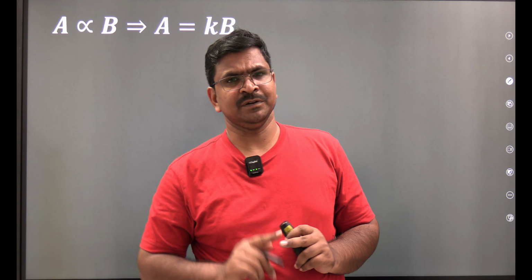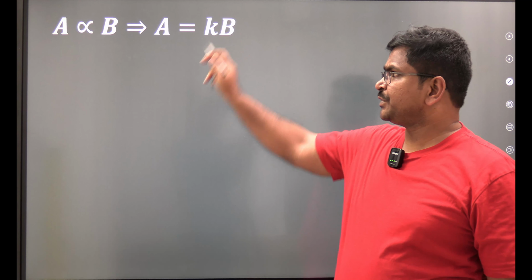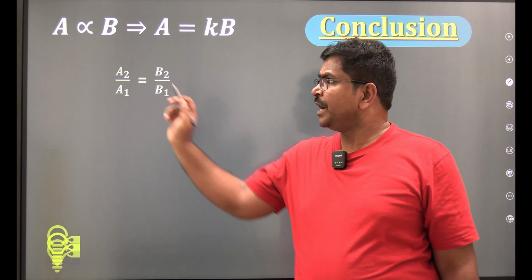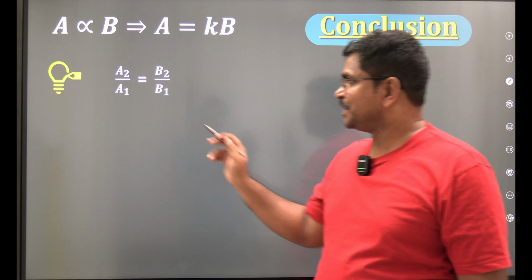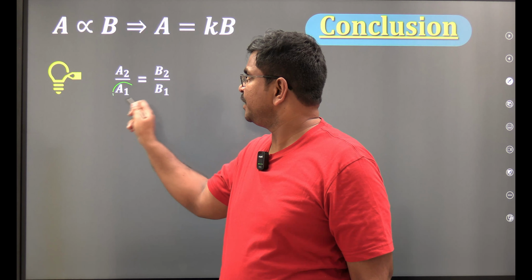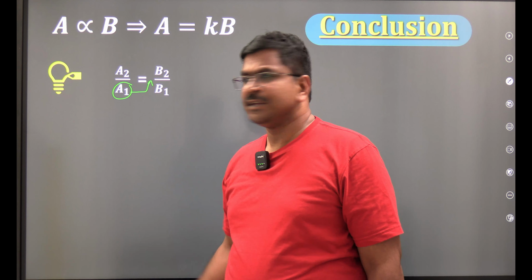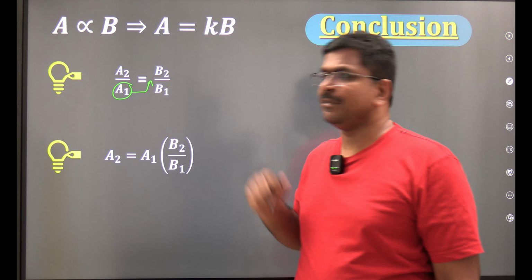From this, the first application is, you can write A2 by A1 equal to B2 by B1. And for the second level application, you take this A1 to the right hand side. That's it. So A2 equals A1 times B2 by B1.